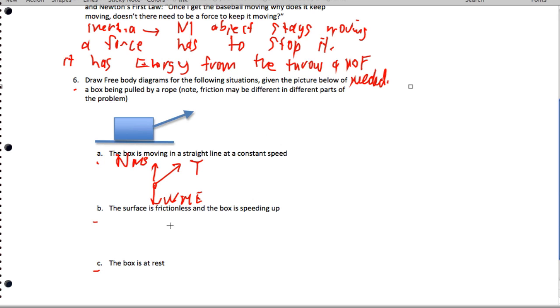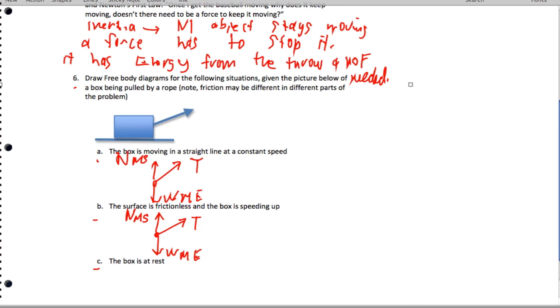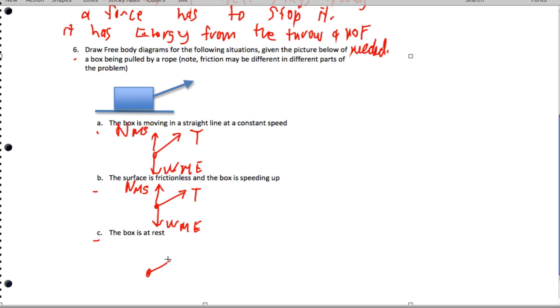I'm just going to redraw this. A tension and a weight on the mass due to the Earth, and a normal. And here we've got the box at rest. Again, the three forces that apply. Some of you had this labeled as F, and that's okay. I'm totally fine with that.